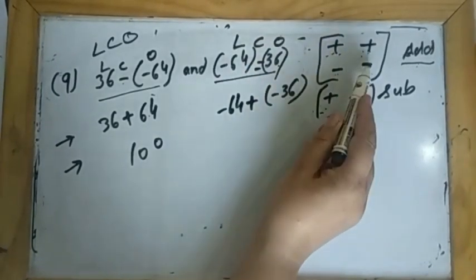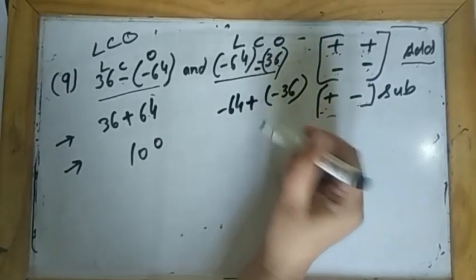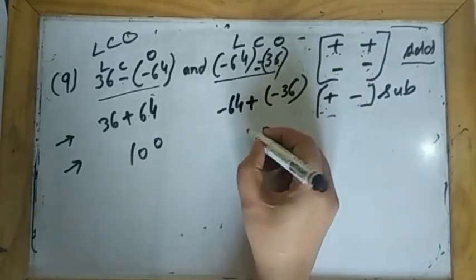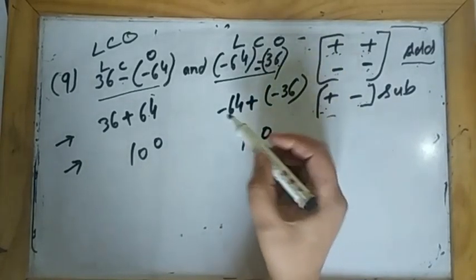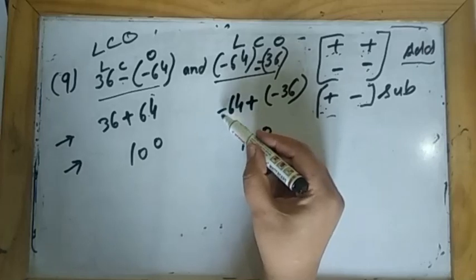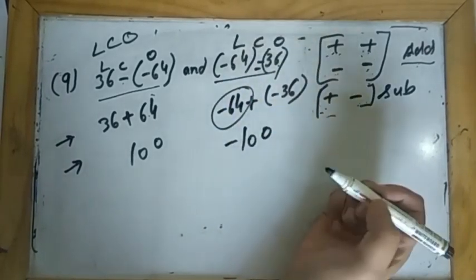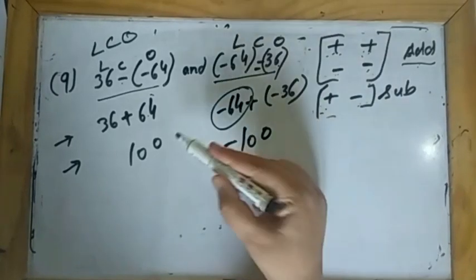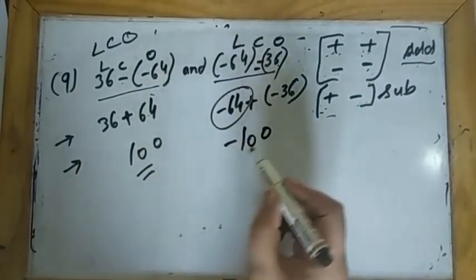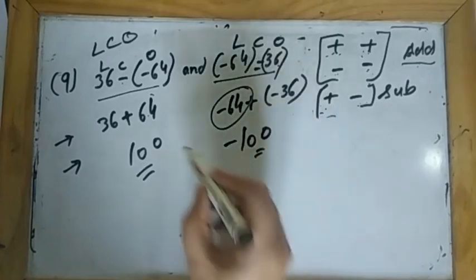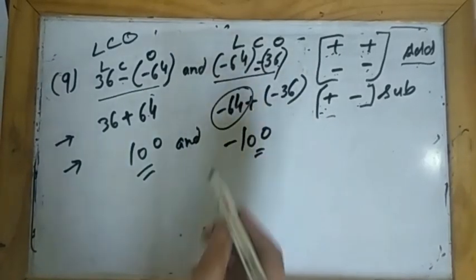When both the numbers are negative, you again have to add them. And what about the sign? The sign of the bigger integer is negative, so my answer also will be negative. So positive 100 is the answer of this, and negative 100 is the answer of this. So are they equal?